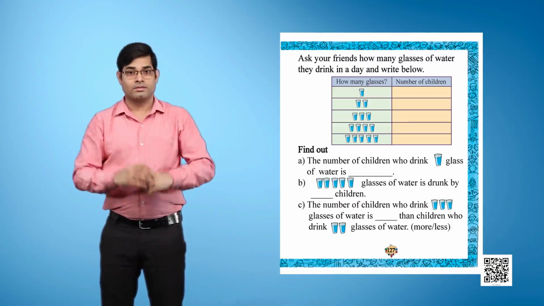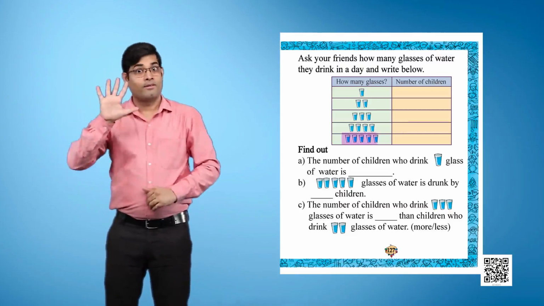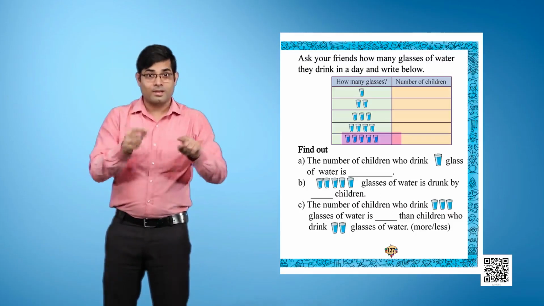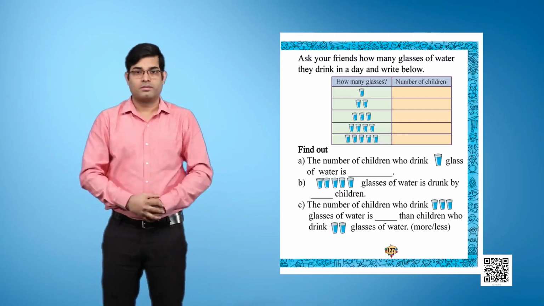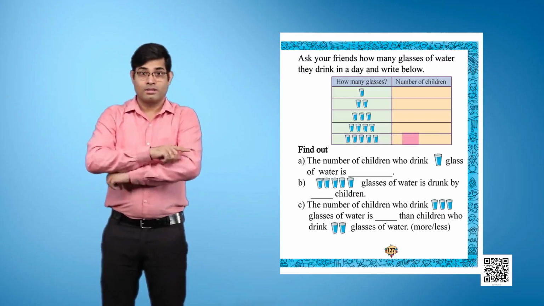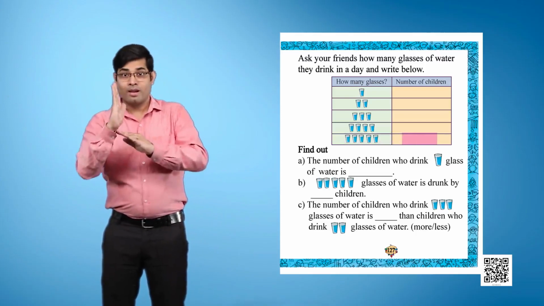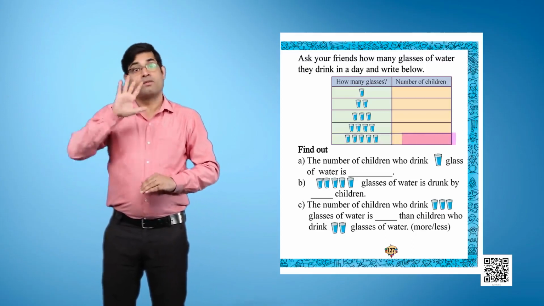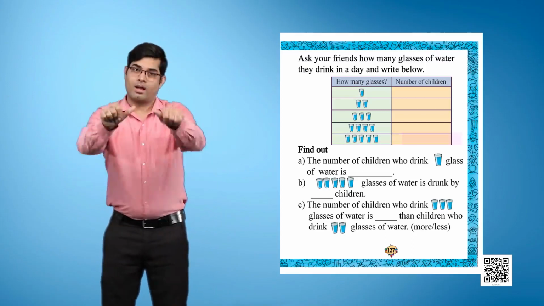Row 5. Column 1 has a picture of 5 glasses of water, and column 2 has space for writing number of children who drink 5 glasses of water in a day.